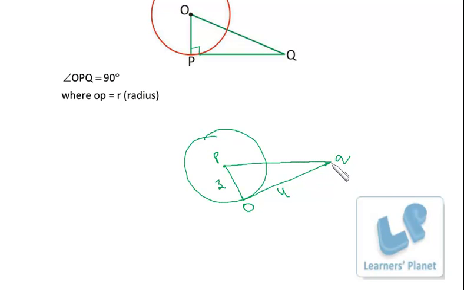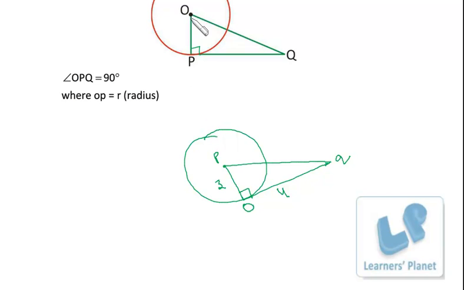Find the distance between P and Q, or the length PQ. If you know the concept that OP will be perpendicular to PQ, then you can easily find this length. That will be 5; these 3, 4, 5 are Pythagorean triplets. But if you don't know, then you will be struggling and will not be able to find the length PQ. So you must know this very important property.